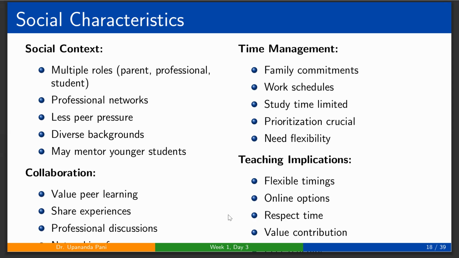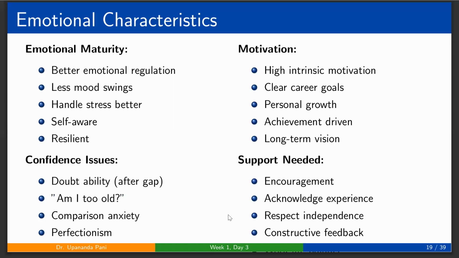They value peer learning, sharing experiences, professional discussions. It is also easy for adult learners to manage time despite family commitments, because they know how to balance all this. The teaching implication is flexible timing, online options, respect for time, and valuing contributions.